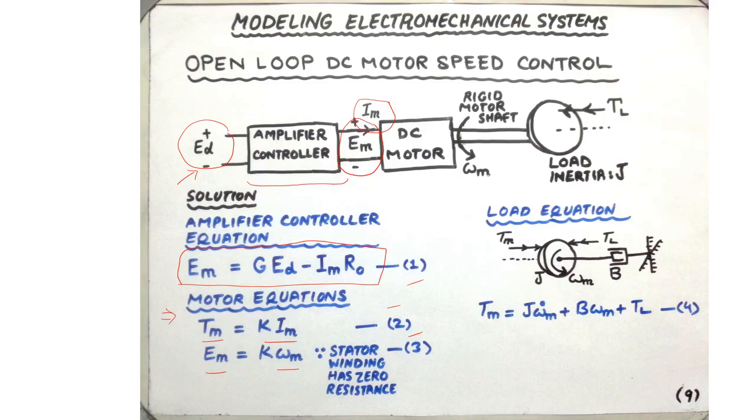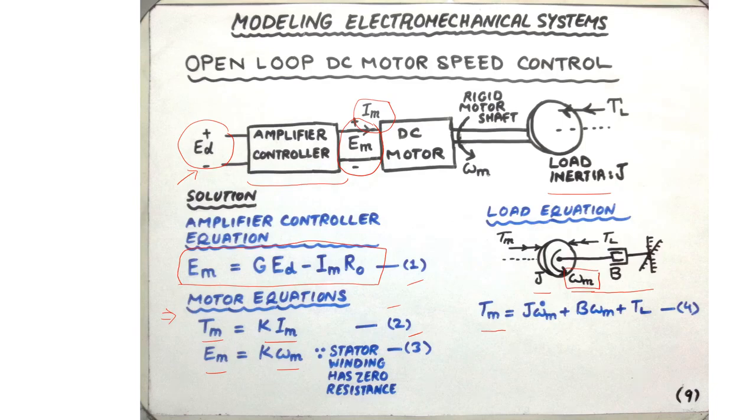Then comes the load. For that, we can easily write down the torque balance equation based on Newton's second law of motion. So the motor torque Tm that is being transferred to the load inertia is in the direction of displacement, that is theta m, or in this case we are basically interested in representing the equation of motion in the form of the angular speed omega m.